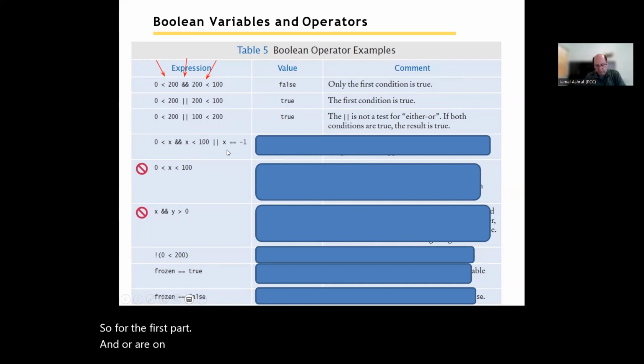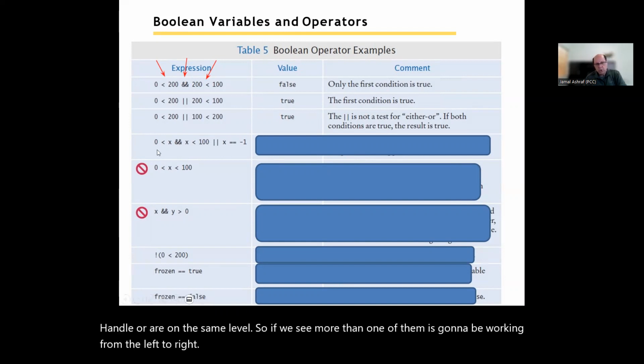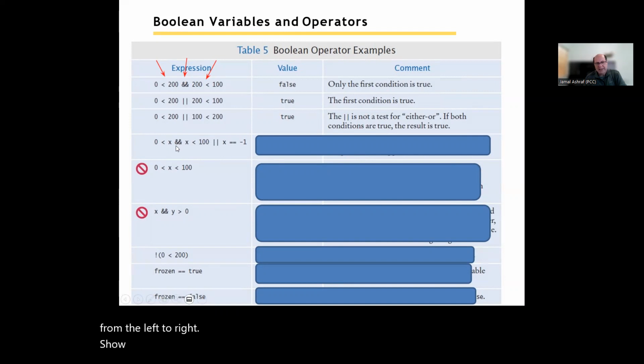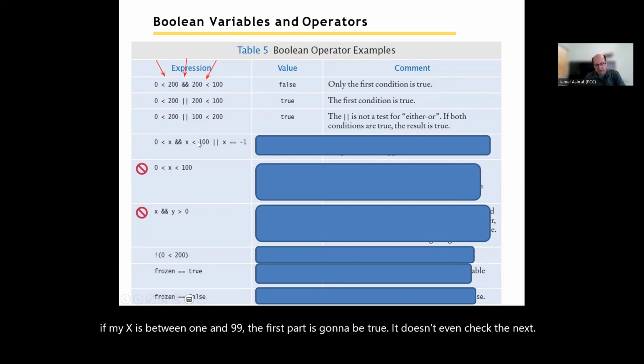So if we see more than one of them, it's going to be working from left to right. If my x is between 1 and 99, the first part is going to be true. It doesn't even check the next one. If one of them is false, then it's going to check to be sure it's -1.